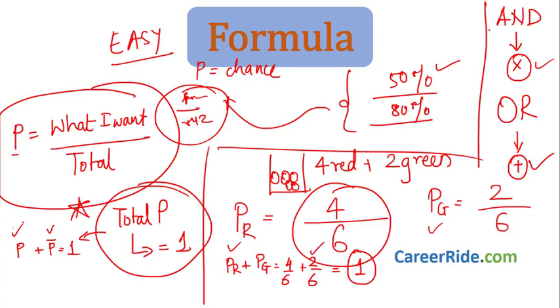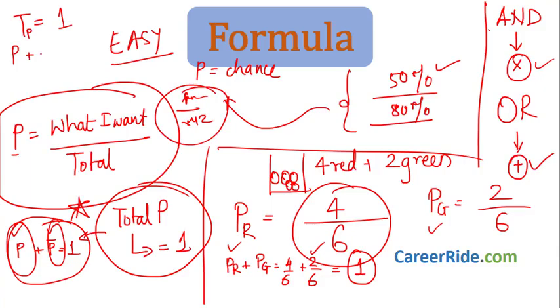So the probability of selecting the red ball plus the probability of not selecting the red ball is 1. Just remember, total probability is always 1, and that is nothing but the probability of an event happening plus the probability of the event not happening. P bar is how it is expressed, or you can simply write it as not happening.